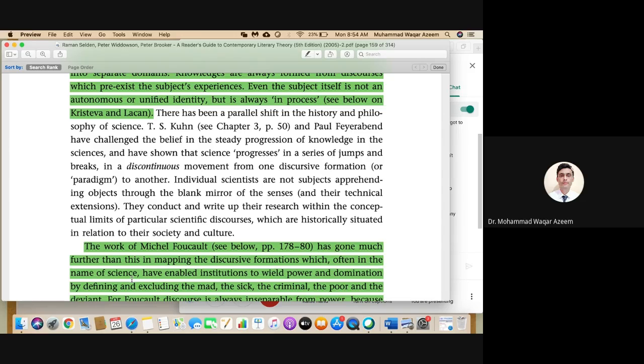Structuralists had thought that subjects are neutral, and when they speak, they just mix and remix the pre-existing language structures. Post-structuralists, on the other hand, said that the subjects themselves are not stable, not fixed, not neutral; rather, they are also part of a system.